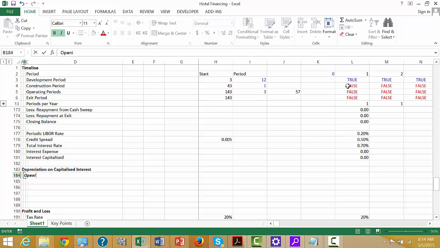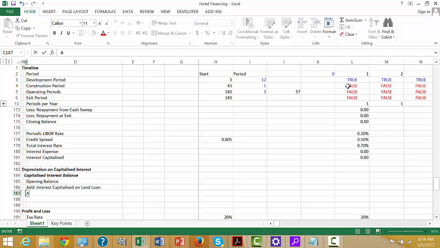We put an opening balance, and then we can put opening balance. Let's add the interest capitalized on the land loan.